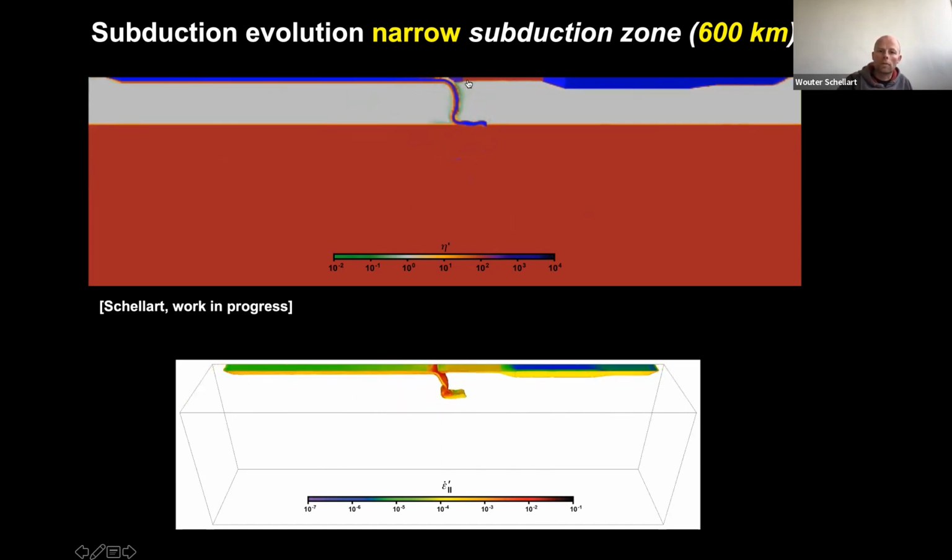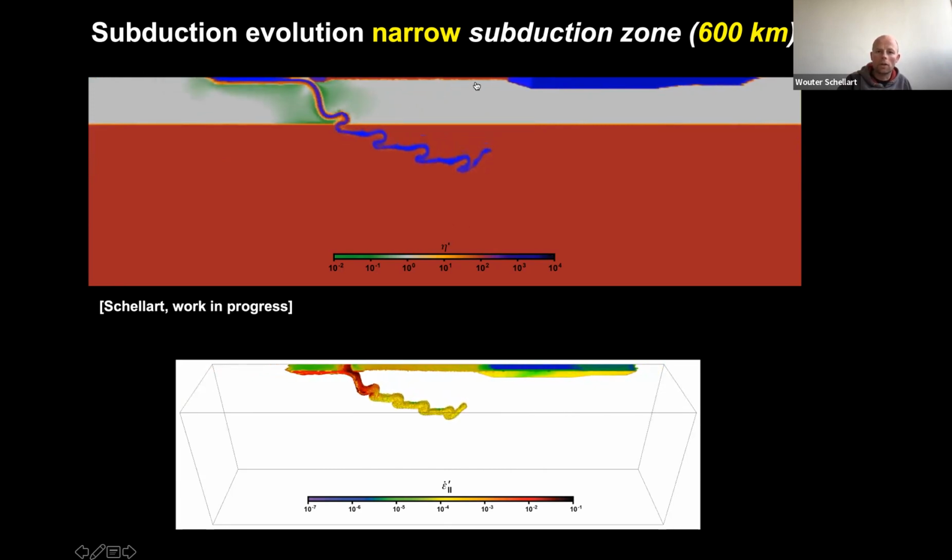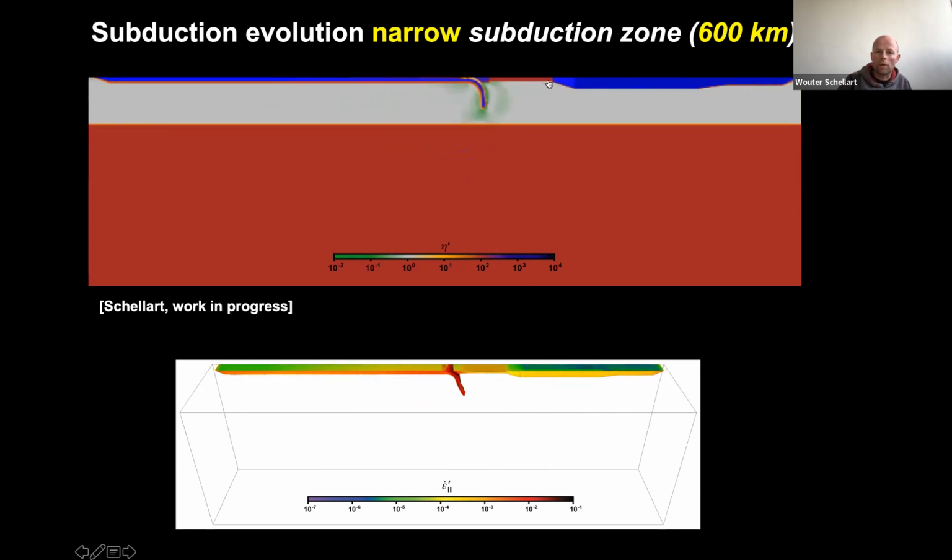We can also see that as the trench retreats, the overriding plate here is extending in this back arc domain. This region here is becoming longer, we can see. So we have massive overriding plate extension and back arc basin formation. You can also see it in the strain rate field with relatively high strains in the back arc region.